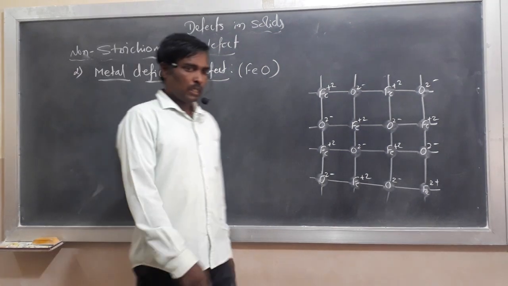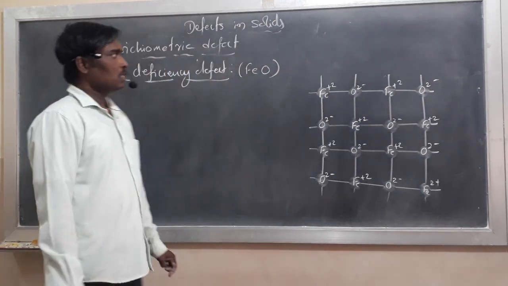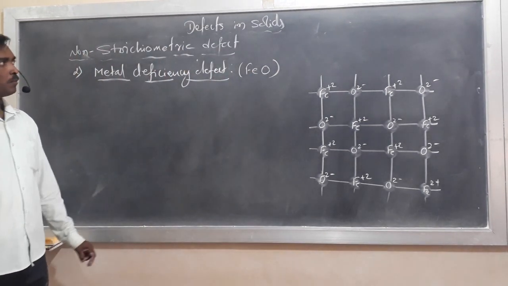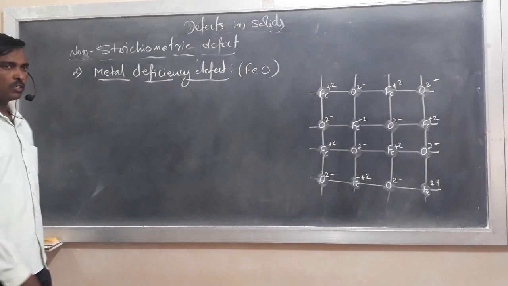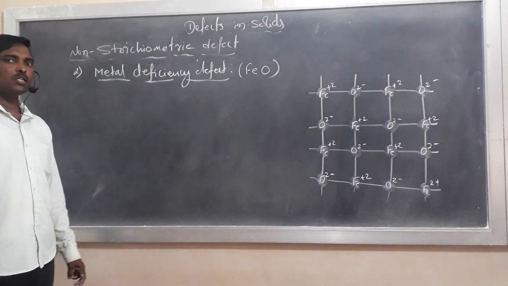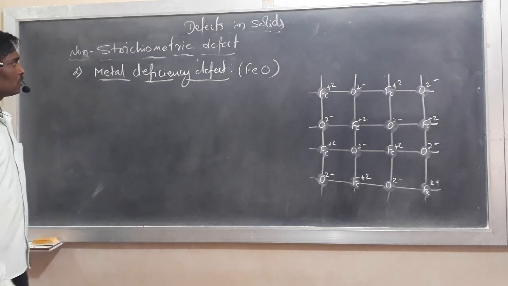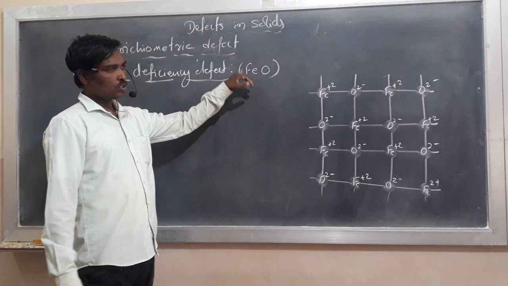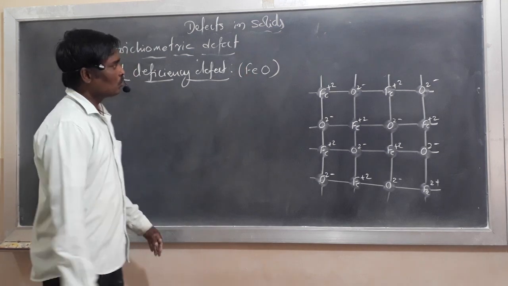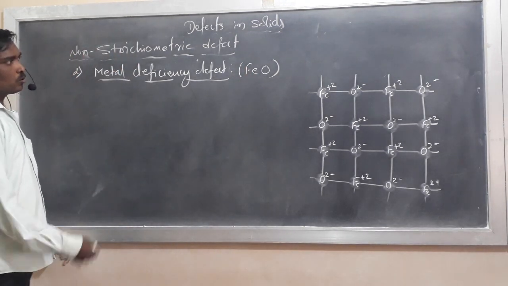These defects are normally observed in metals which show a variable oxidation state, for example transition elements. Also this defect is observed in compounds whose valence is 2 or more.